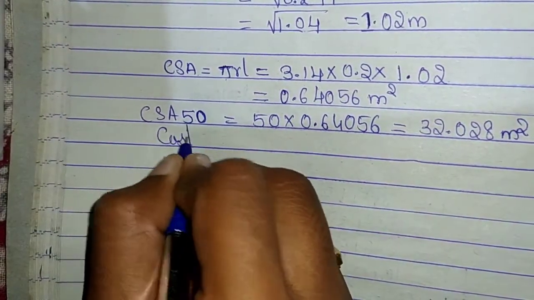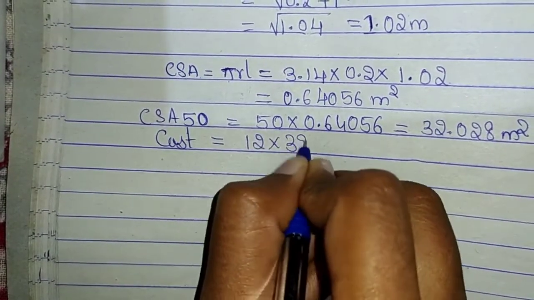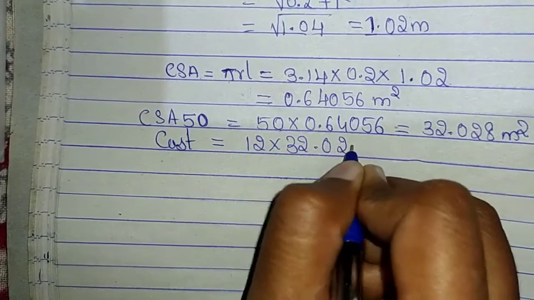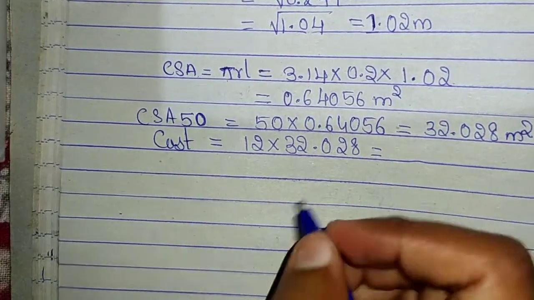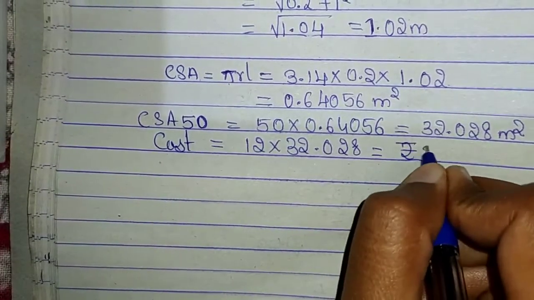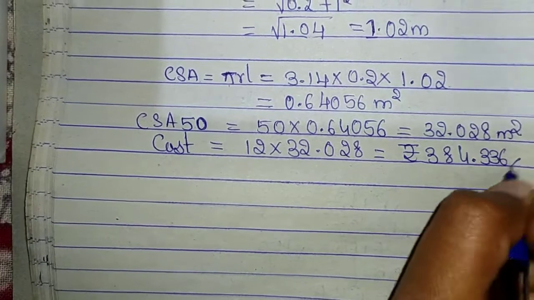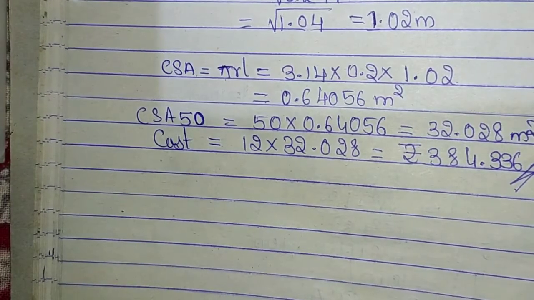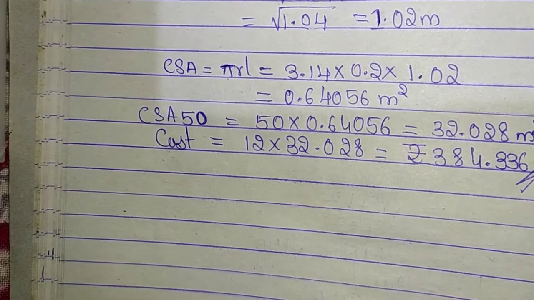So the cost of painting will be equal to 12 into 32.028. So this will be equal to rupees 384.336. This is the solution to the final question of the exercise.